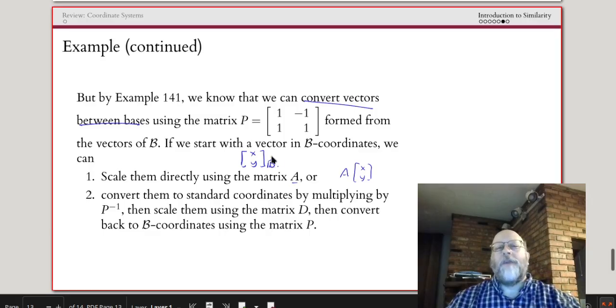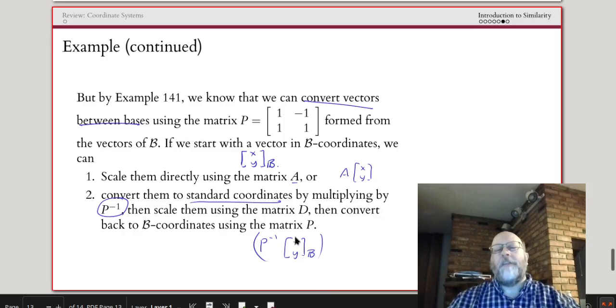Or we can take this vector and convert it into standard coordinates by multiplying by P1, which will give me a vector that's in standard coordinates.